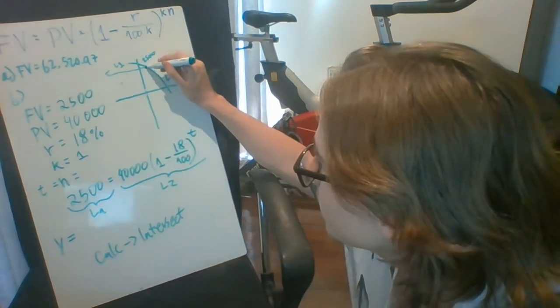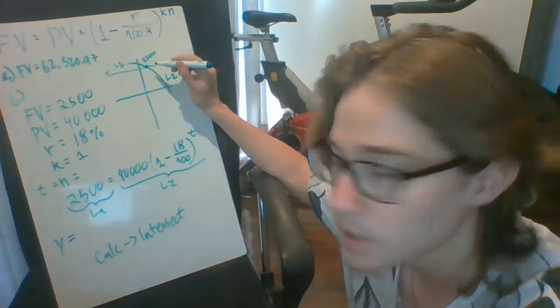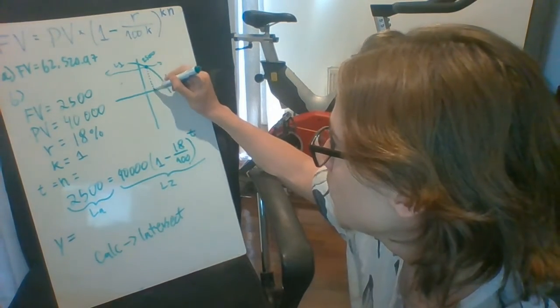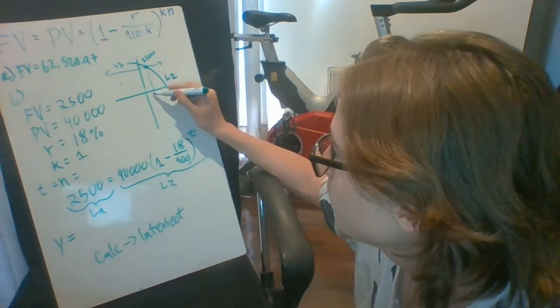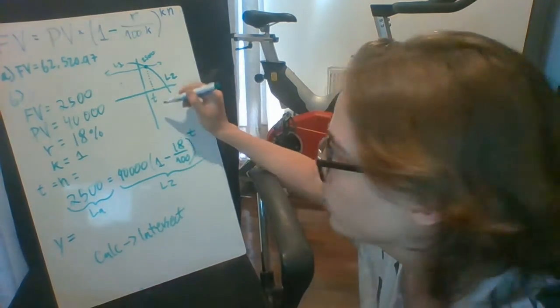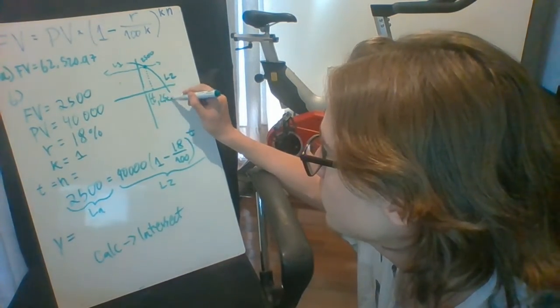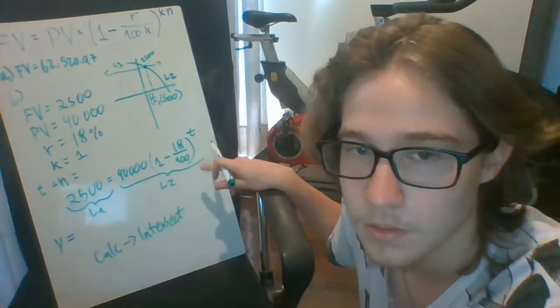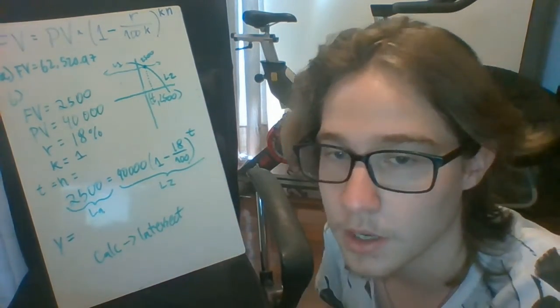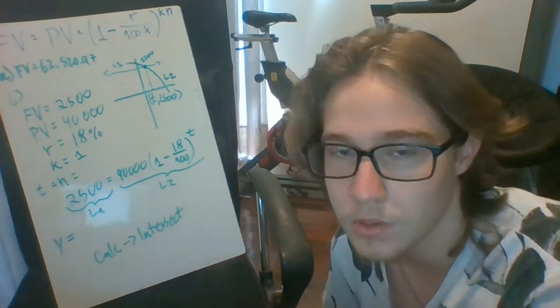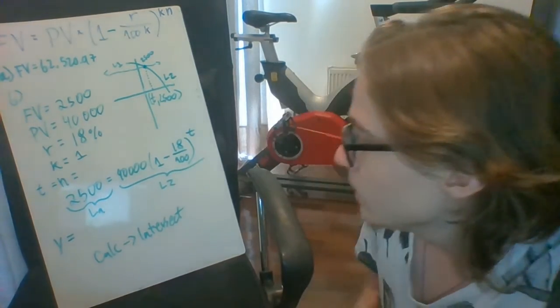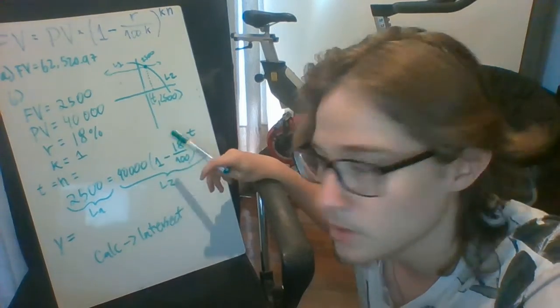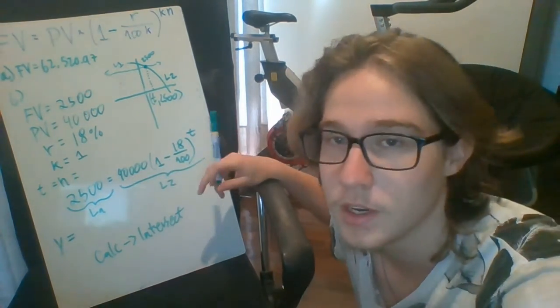And the point where they intersect is going to be the value of t, comma, 2,500, because at 2,500 is where the equation makes sense. So that's the way I do it. I know you can also do it with a geometric sequence, but I feel like that gets really tricky. This takes longer because you have to graph it and then intersect it, but it's also the most reliable way.